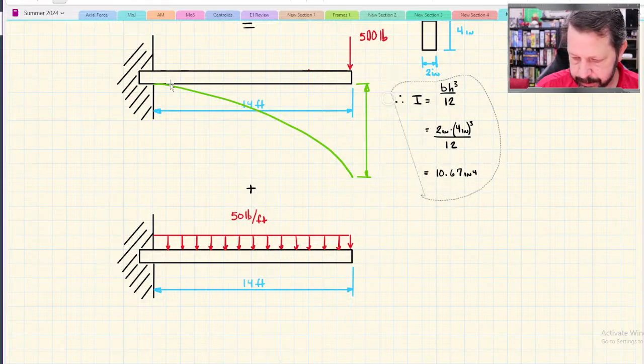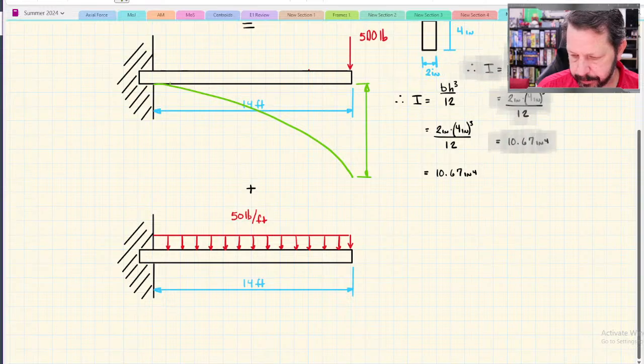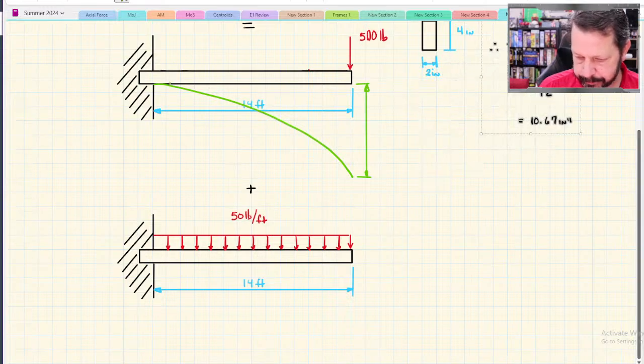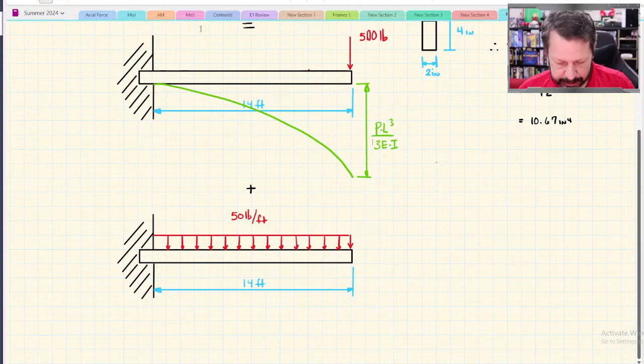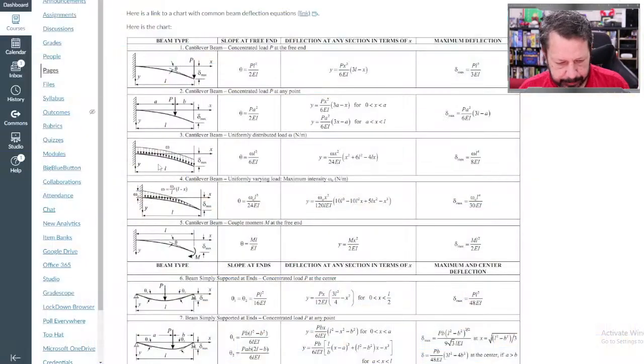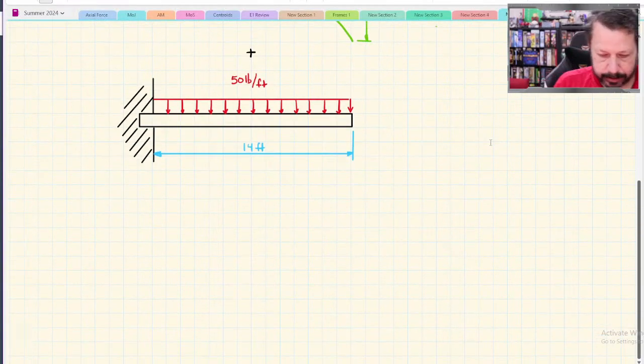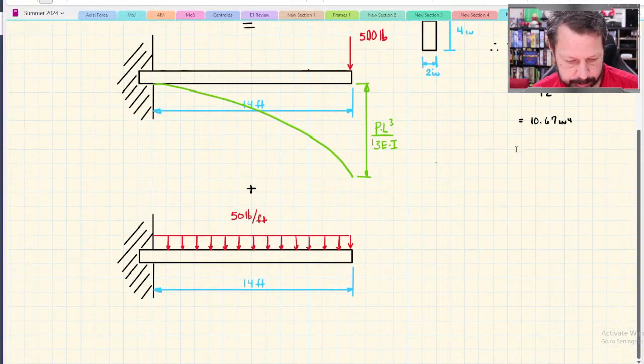And then we need omega L to the 4th over 8EI. And that would give us, let's see how to draw that one.